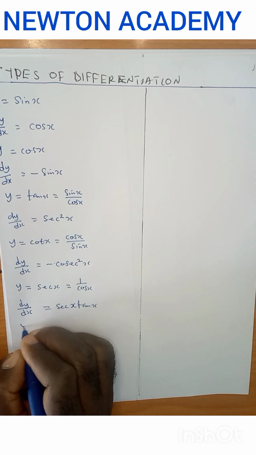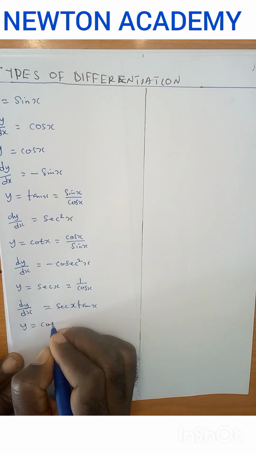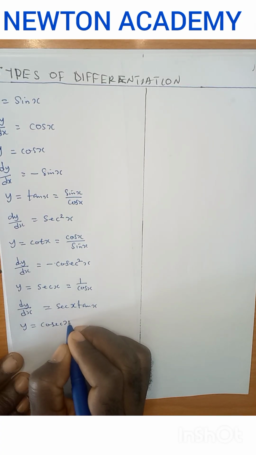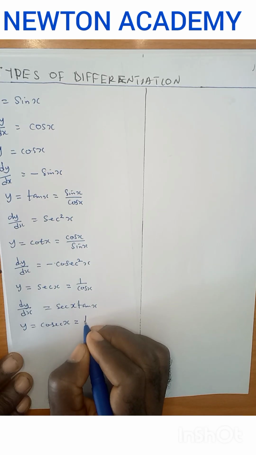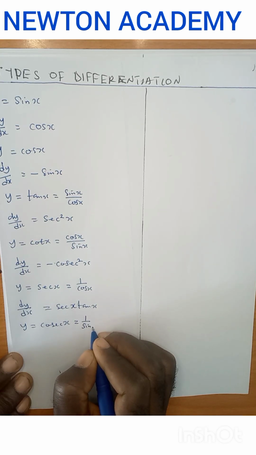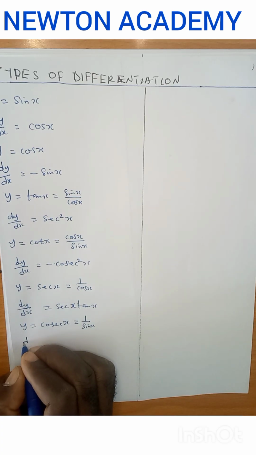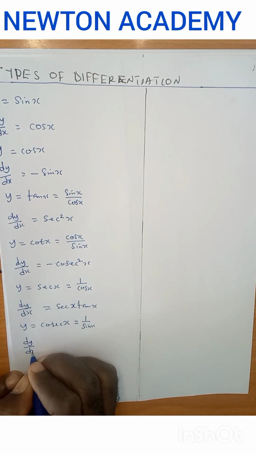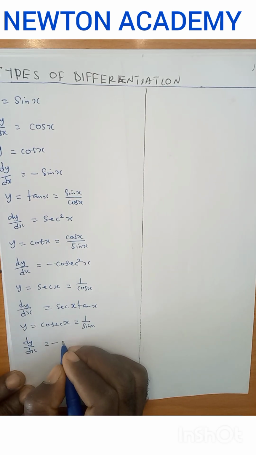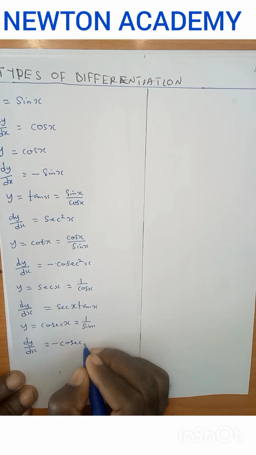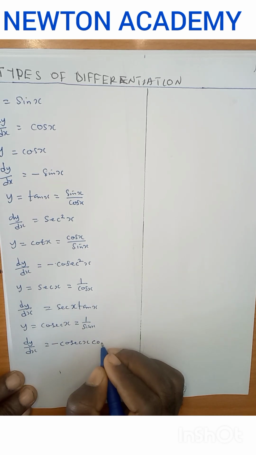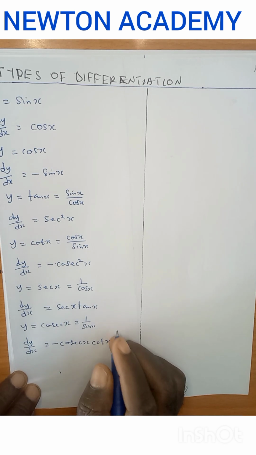If you are now given y is equal to cosec x, cosec x is the same as 1 over sine x. If you use quotient rule again to differentiate this, we have dy/dx is equal to minus cosec x cot x.